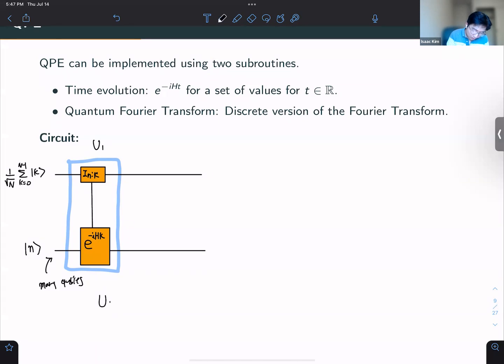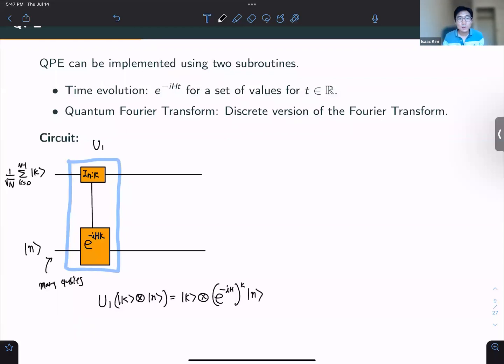If I apply U1 to a state of the form |K> tensor |N>, it acts as |K> tensor e to the minus iHK applied to |N>. So that's what this unitary is doing.